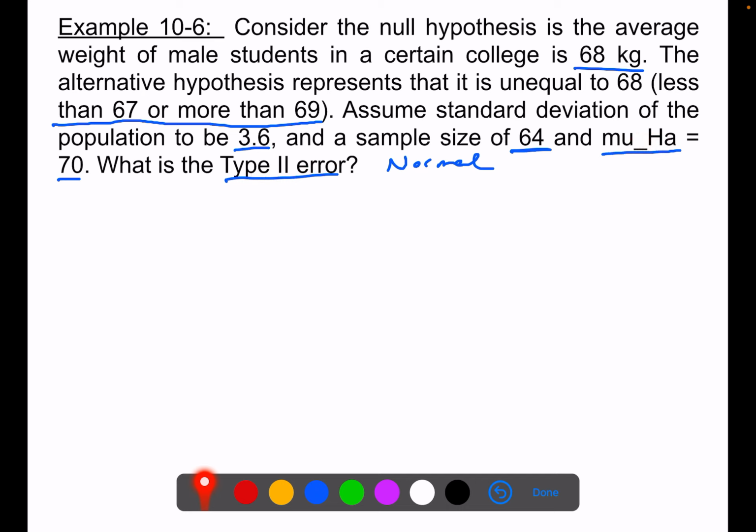So what we are interested in is this area under the curve. This is 67, this is 69, and this is the null hypothesis. And then we have the alternative hypothesis, which says that mu is 70.